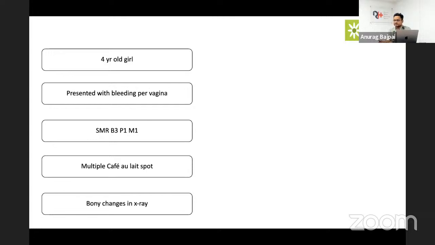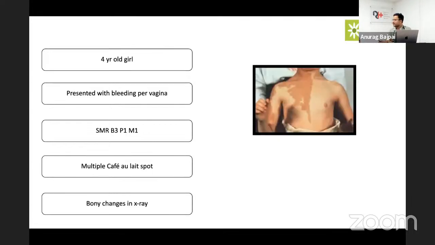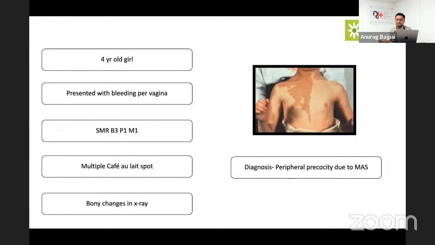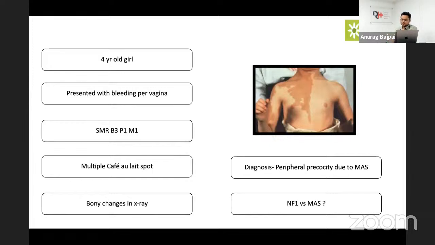Only one of them will have bony deformities. The other one will have more of a cutaneous manifestation, like neurofibromatosis. So this is more likely to be McCune-Albright, right? And you will have irregular cafe au lait spots. So I'm sure people would have been able to pick up MAS as a possibility. Dr. Ekta again is there, and NF as a possibility already given. But bone changes are there, which means fibrous dysplasia, so it is more likely to be a case of McCune-Albright.